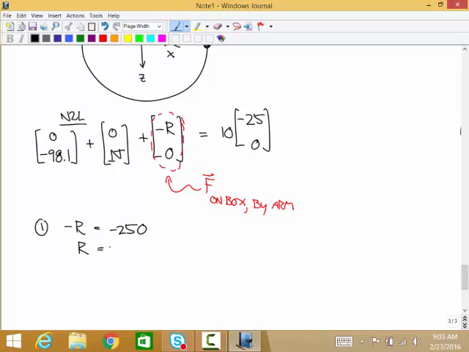So r is equal to positive 250. And so the force on the box by the arm is equal to, plug 250 into this force vector, and you get negative 250, 0.